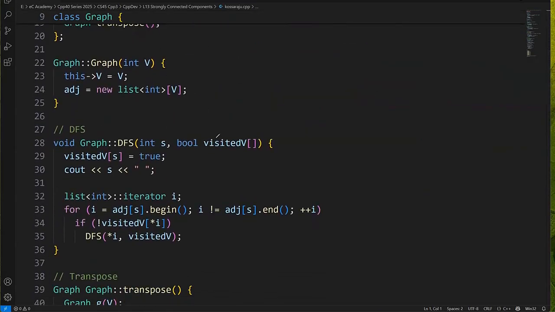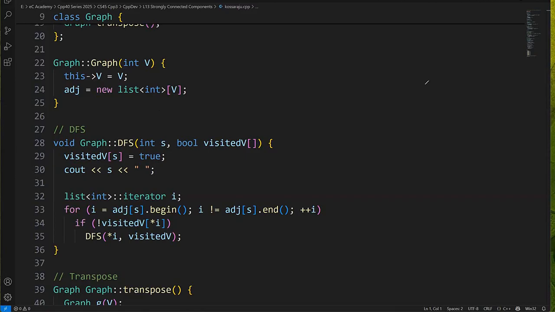You have a node and the visited array. You mark the current node as visited and you print it. Then you have an iterator to go through all of its neighbors. If a neighbor has not been visited, then you visit it. That's all you do for depth first search.